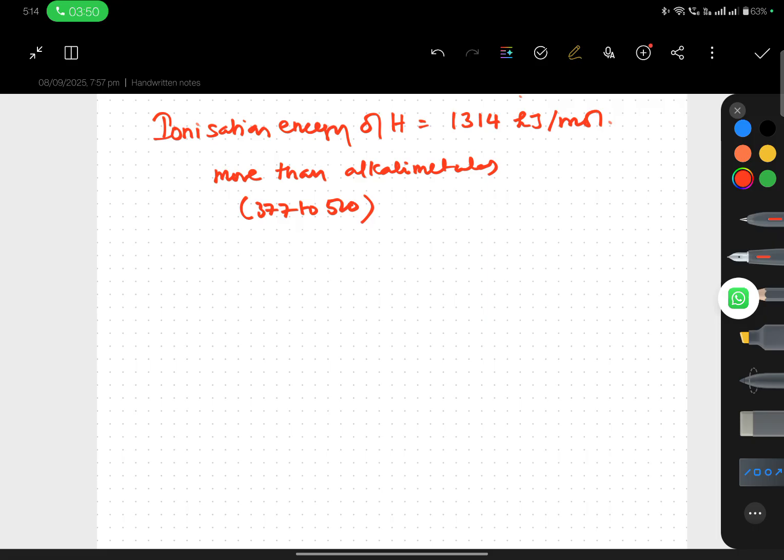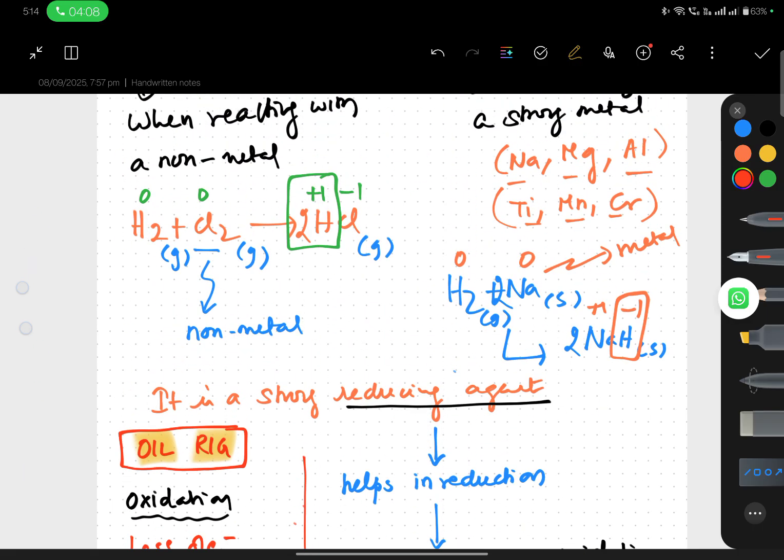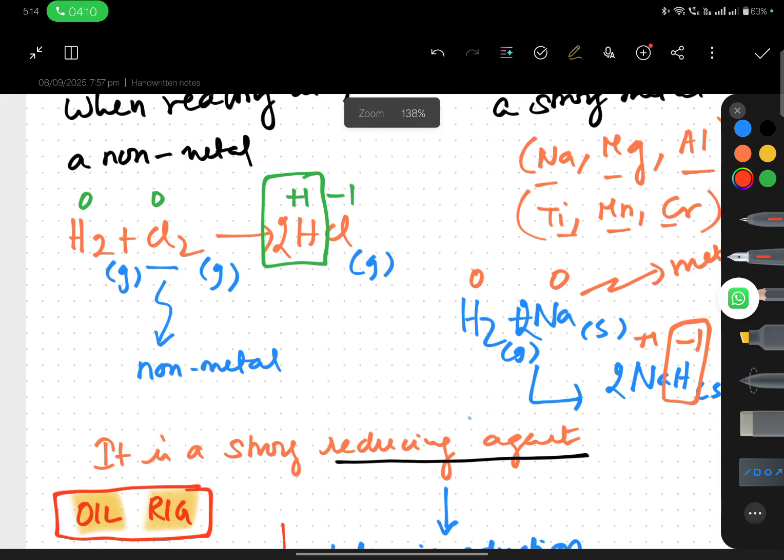Similarly, as I said before, hydrogen reacts with halogens to form halides. I already told you that. You remember? We saw it here, hydrogen reacts with chlorine. Fluorine, chlorine, bromine, iodine, astatine, these are called halides. Write it down.